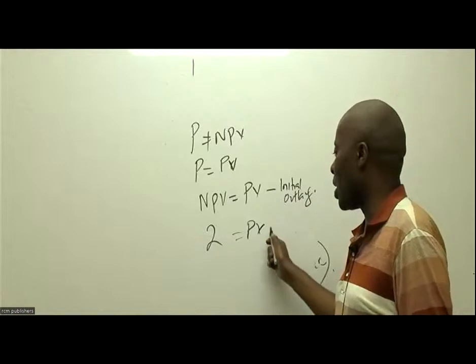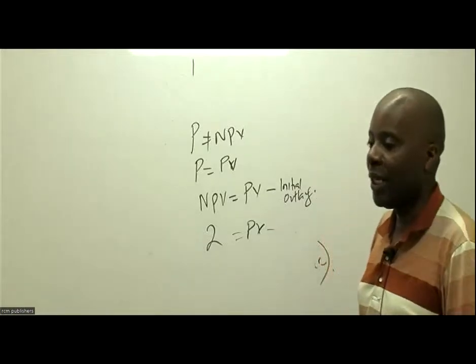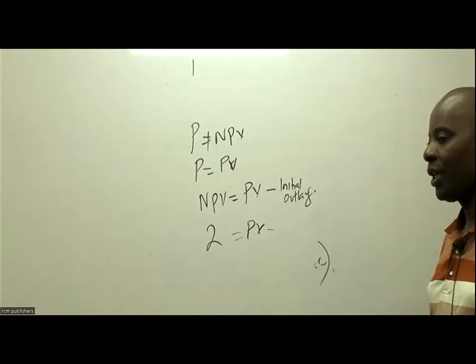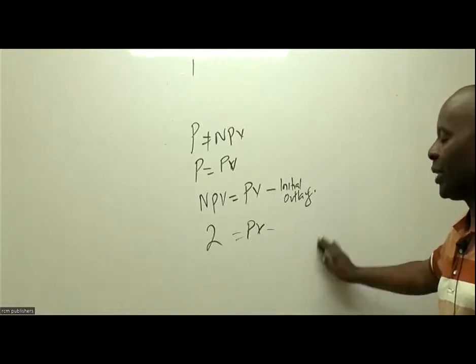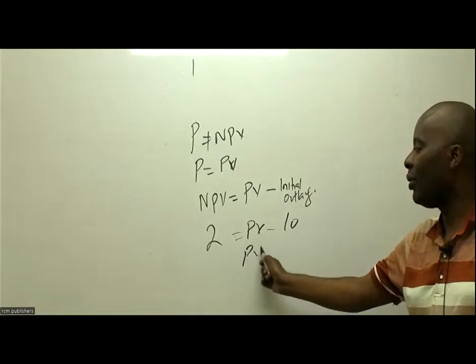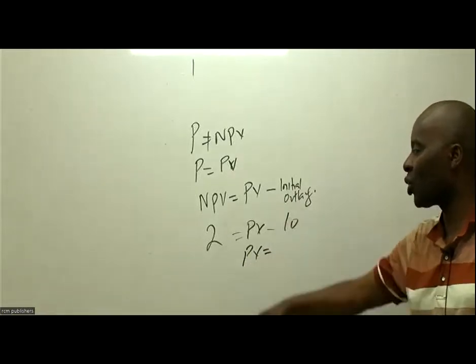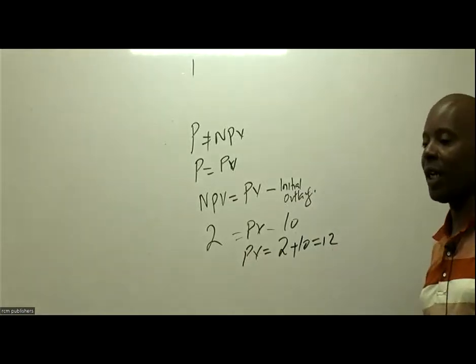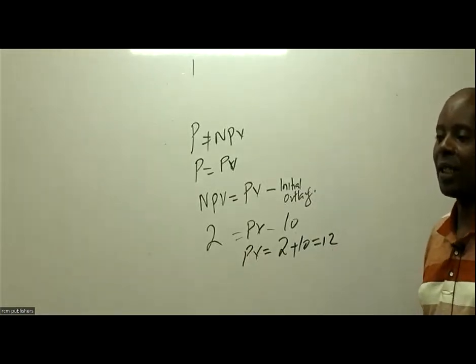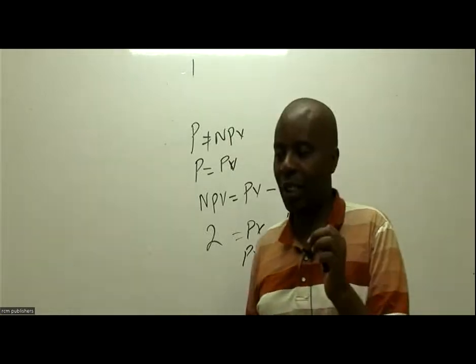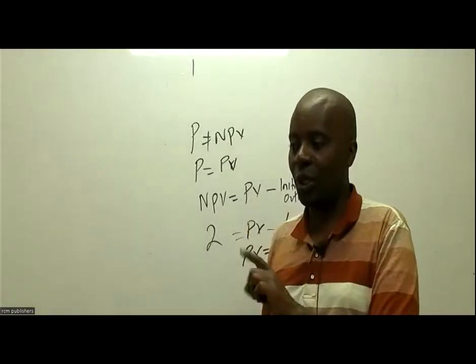They gave me an initial outlay of 10. So in that regard, I'm able to get my present value. If you take this over to the other side, it will be 2 plus 10, which gives me 12. Right. So is there somebody who was able to give this kind of interpretation to this question?